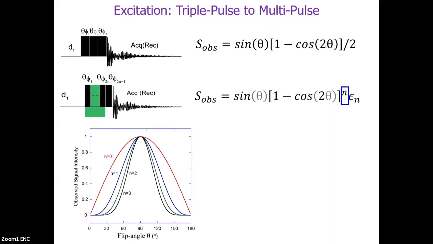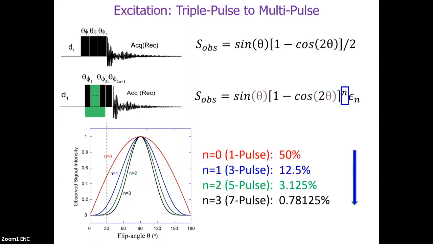And if we plot the nutation profile again, now we get the even ones for n equal to 0, 1, 2, 3, and again choosing a 30-degree flip angle, by a simple calculation, we can get down to 7 pulses, which is less than 1% of the original signal, and this is good enough for us.